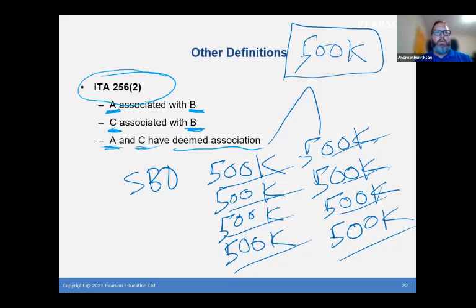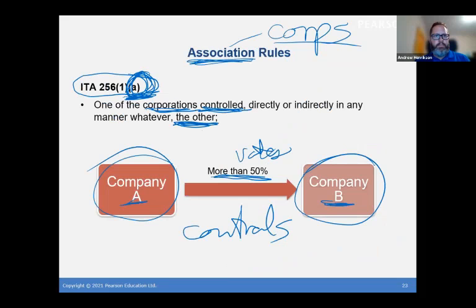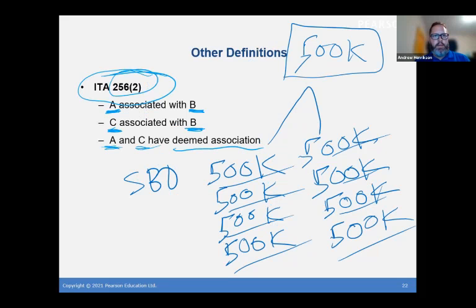Now, we can talk about that one, but that's another. So that's not A, B, C, D, E like that. That's 256.2. That's a whole different one. So that's going to come up here as well. So that's 256.2.